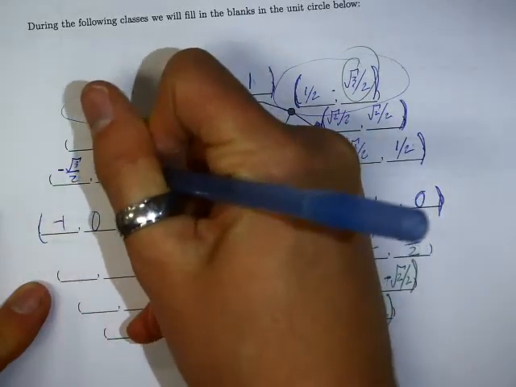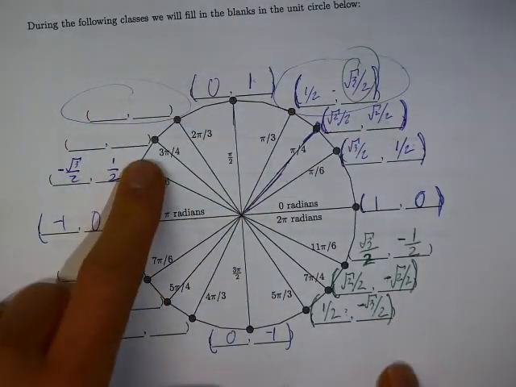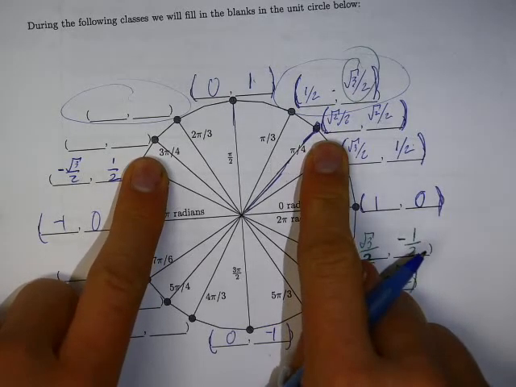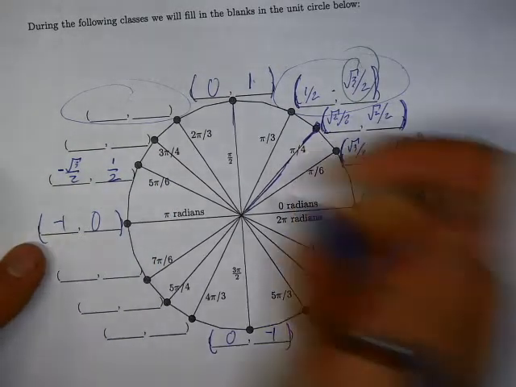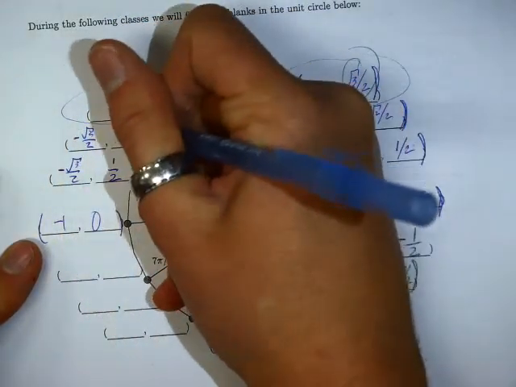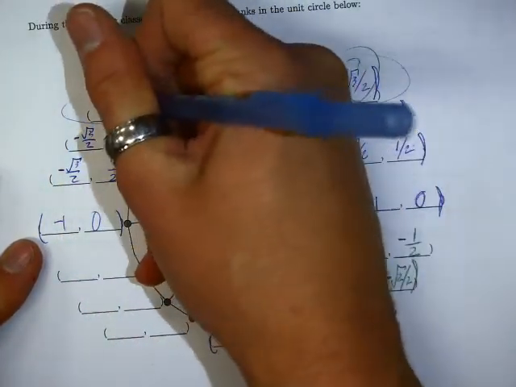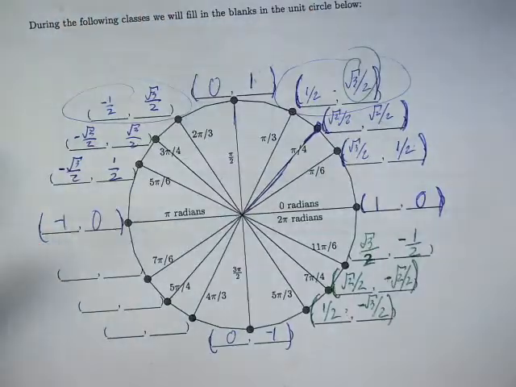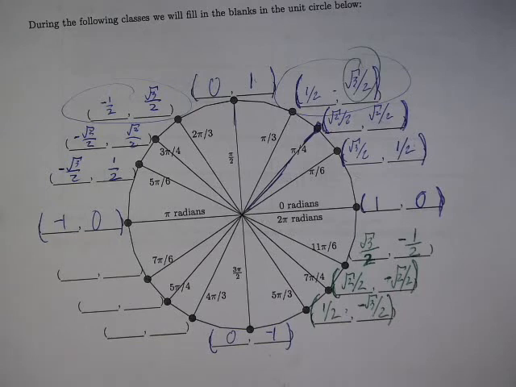Y value is the same, 1/2. An angle of 3 pi over 4 should be similar to an angle of pi over 4, but reflected over the y-axis. Negative root 2 over 2, root 2 over 2, negative 1/2, root 3 over 2.